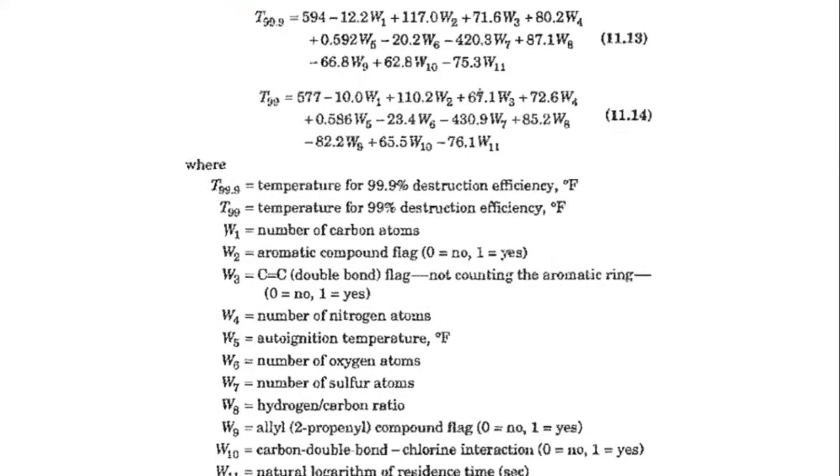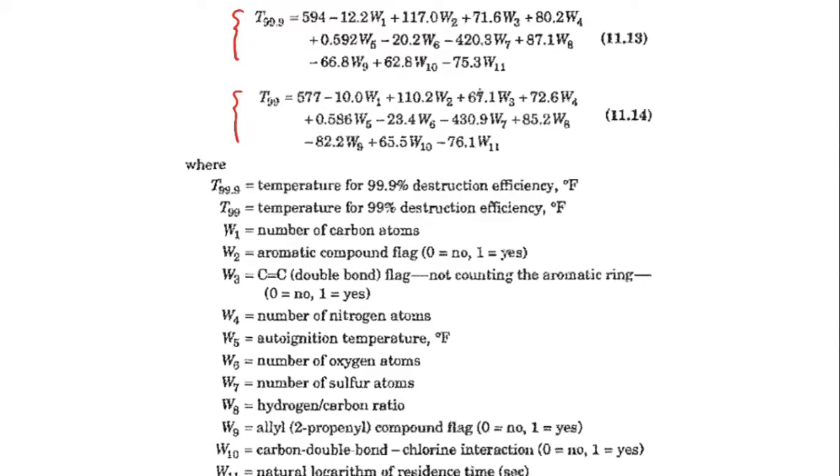It's composed of quite complex equations, but by just explaining what each term represents, you can see that this is also quite straightforward, okay? So there are two temperatures. One is T99.9 and the other is T99, okay?